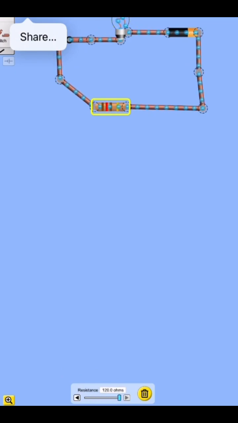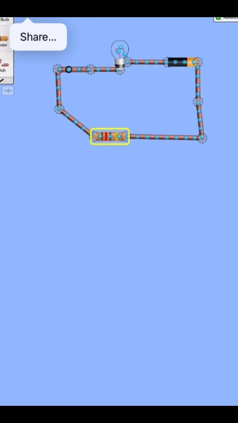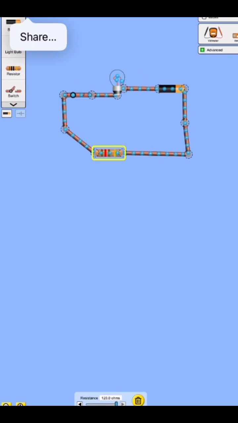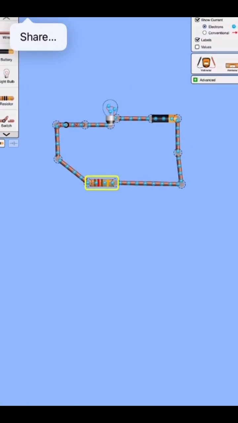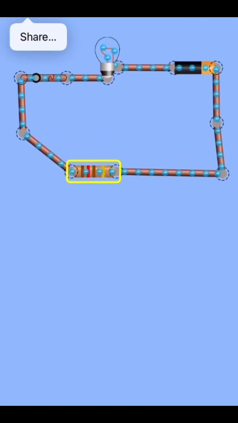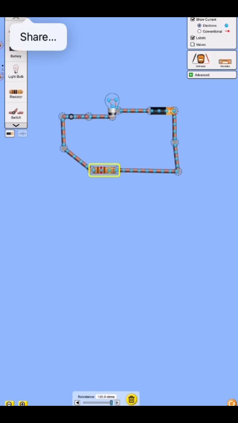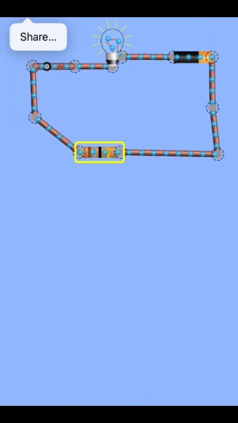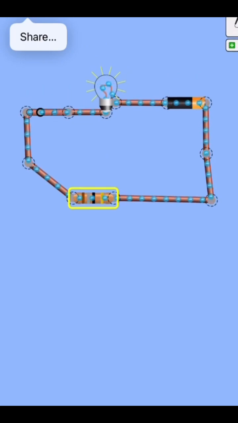And now I want to show you what happens when I increase my resistor. Can you see that it is moving slower than before? Very slow now. And then I want to show you what happens when I decrease my resistor. When I decrease my resistor, you can see that it starts to move faster than before, right?